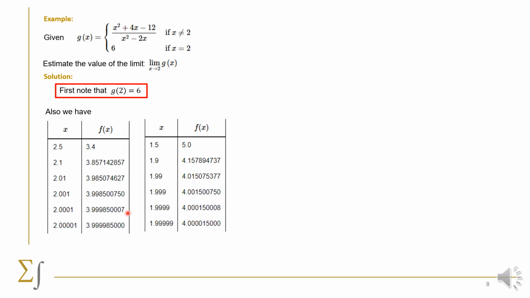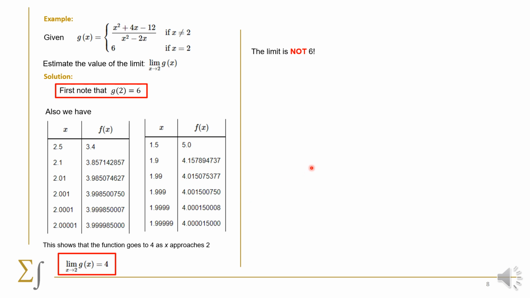We see that approaching 2 from the right or from the left, the function gets closer and closer to the value 4. So the limit is 4, but the value of the function at 2 is not equal to 4. It is 6. So we see in front of us that, as we said, the function approaches 4 as x approaches 2. This tells us that the limit is 4 and it is not 6.